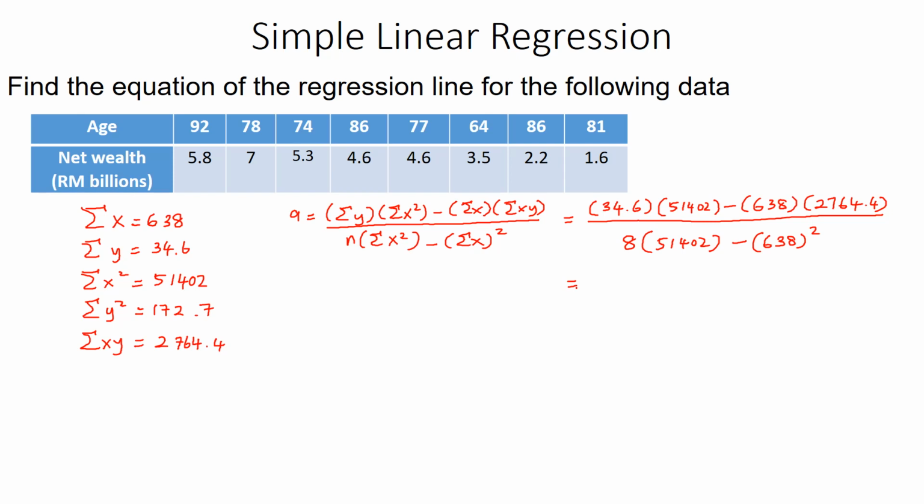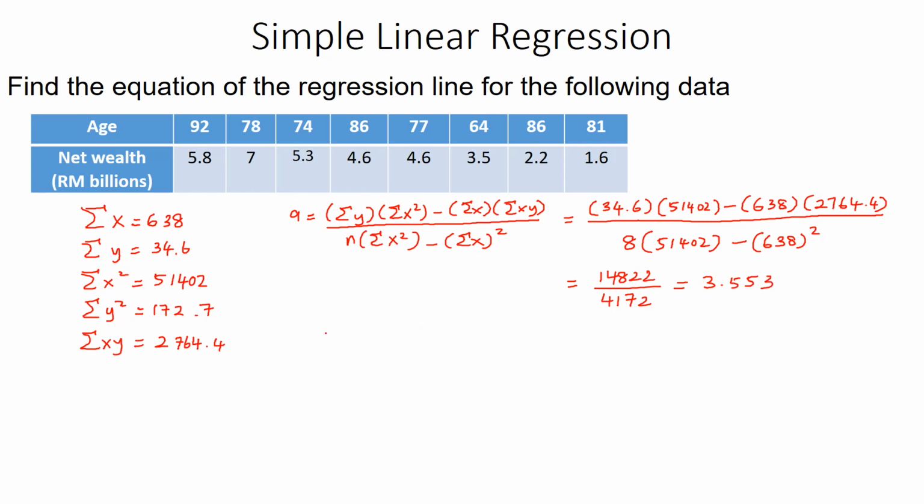Okay, now you just have to simplify this. For the numerator, the value is 14822, and for the denominator 4172, and the answer is 3.553.